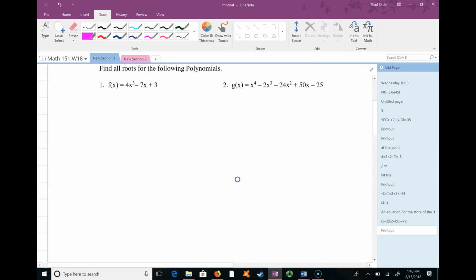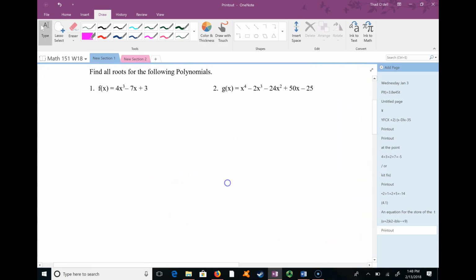Okay, so coming back to here, this is a polynomial. We want to find the roots of it. Notice I could also ask you to write this in factored form. You do the same type of math, just the answer would be different. So let's find the roots first. If we were trying to find the roots of this, the first thing I would do is graph it.